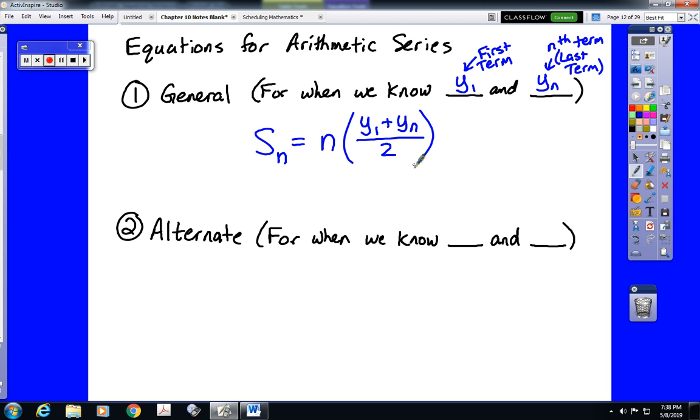So y1 plus yn divided by 2. We're going to use that most of the time.